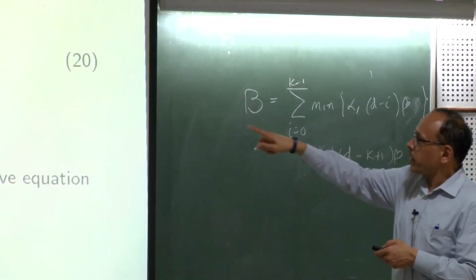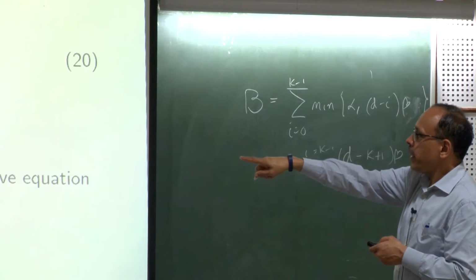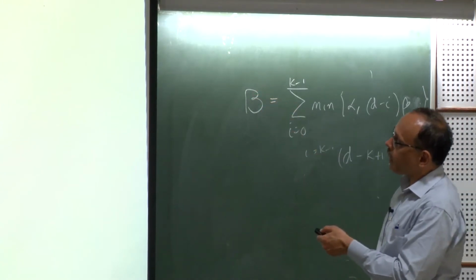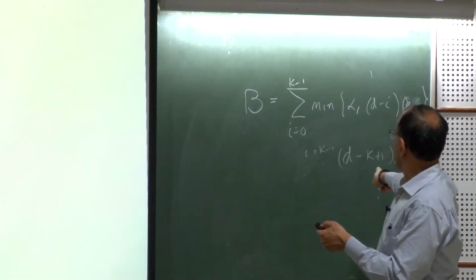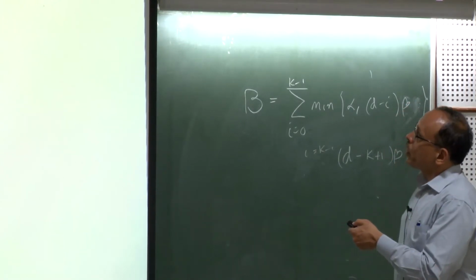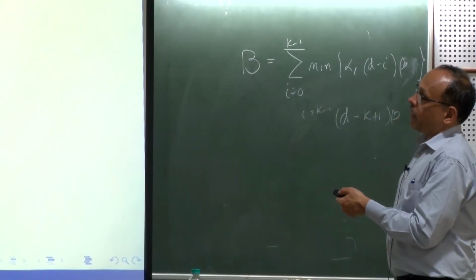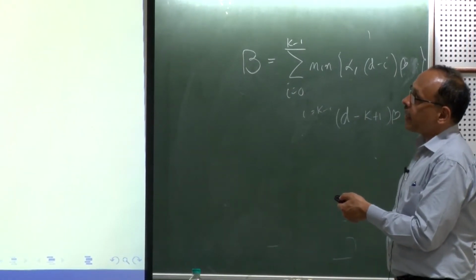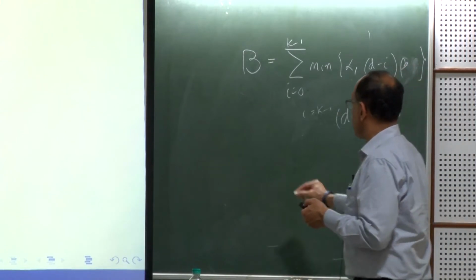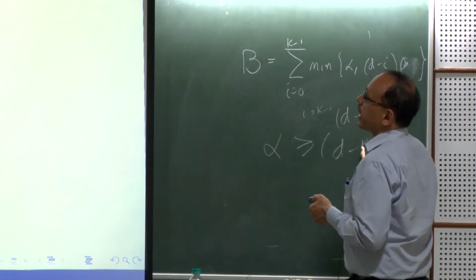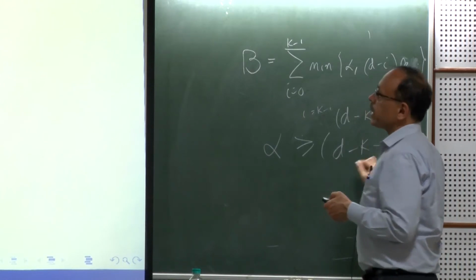So note that when alpha is less than or equal to d minus k plus 1 times beta, you can decrease beta without violating the condition, because alpha is already satisfying that. So alpha has to be greater than d minus k plus 1 times beta, correct?